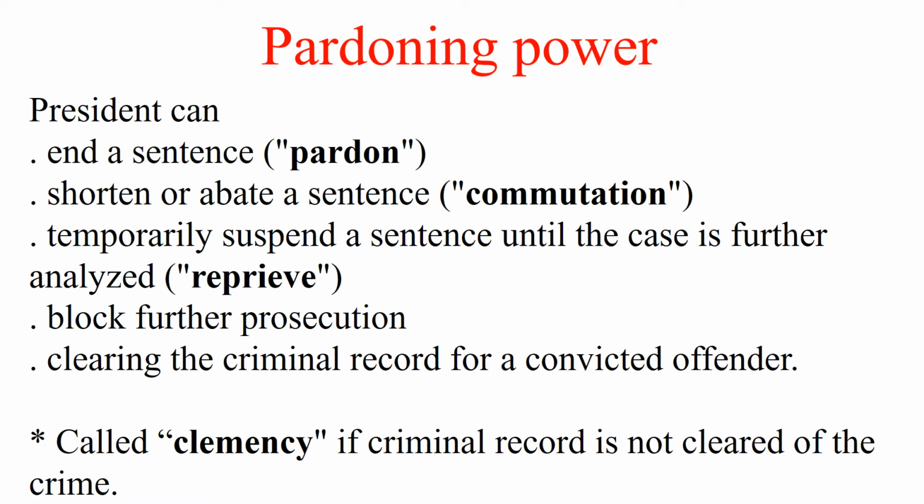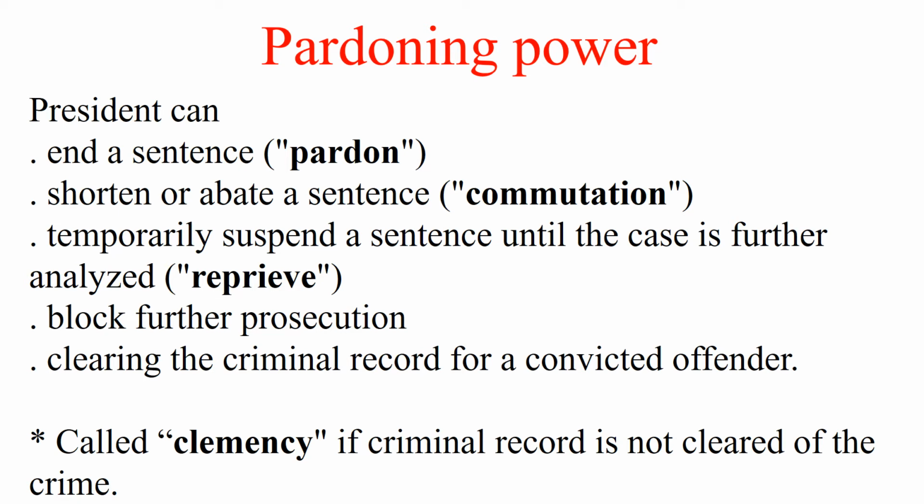He can either end a sentence, which is called pardoning, or he can shorten the length of the sentence, which is called commuting the sentence or commutation, or he can temporarily suspend the sentence until the case is further analyzed by some prosecutor or perhaps some judge. It's called reprieving.